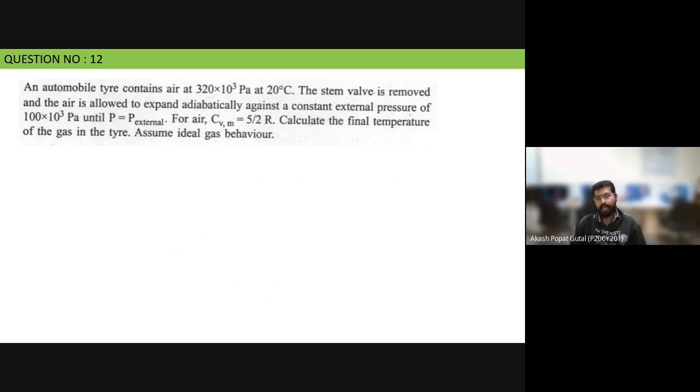For air, CVm is equal to 5 by 2 R. Calculate the final temperature of the gas in the tire. Assume ideal gas behavior. This question was asked in UPSC, I think the CSC chemistry paper.